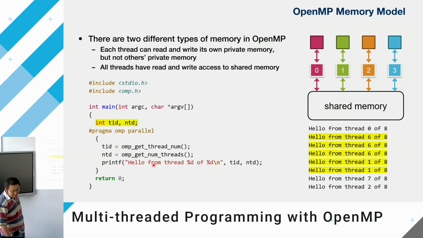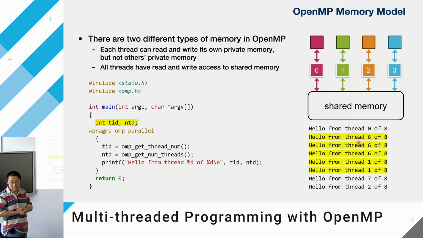Then if we print out the thread ID and number of threads, you will see that, for example, thread ID 6 is printed multiple times, thread ID 1 is printed 2 times, and there is no thread 3 or thread 4. Why?